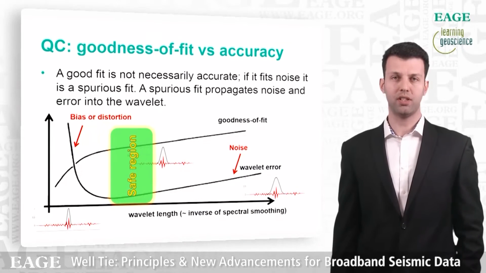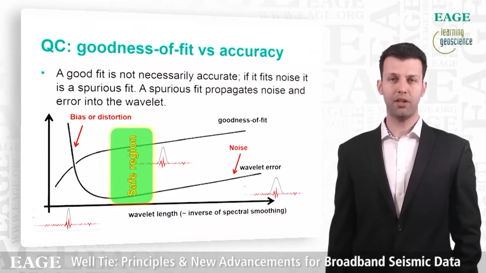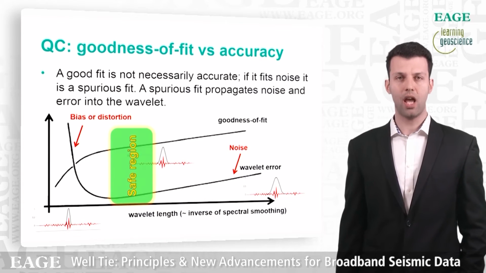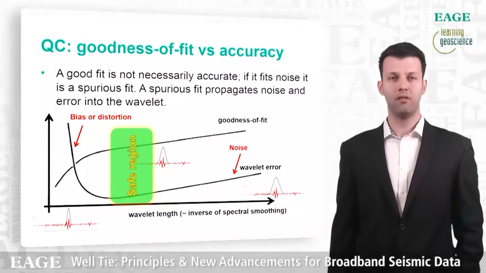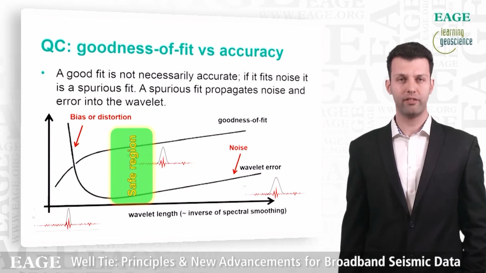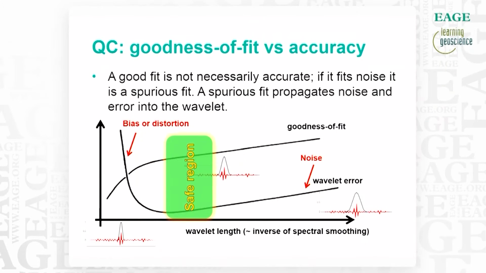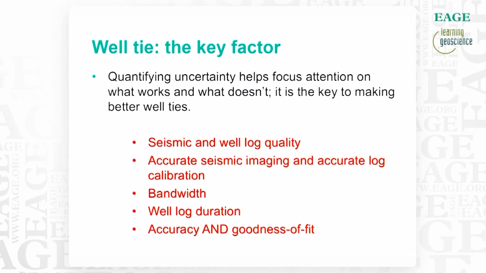At the same time, goodness of fit is still good, though we don't want to be there because of the inaccuracy in the wavelet. A safe region is perhaps in the middle, which is not necessarily the minimum for wavelet error, but, as I said, a compromise to have a good goodness of fit and also a low wavelet error. There are a number of other key factors, and we have to take all those things into account to make sure we have a good well tie.